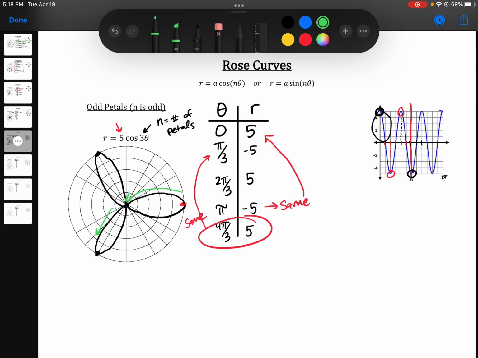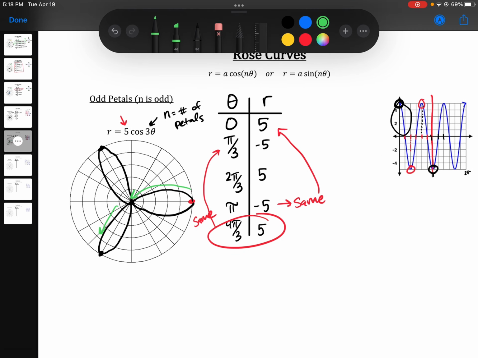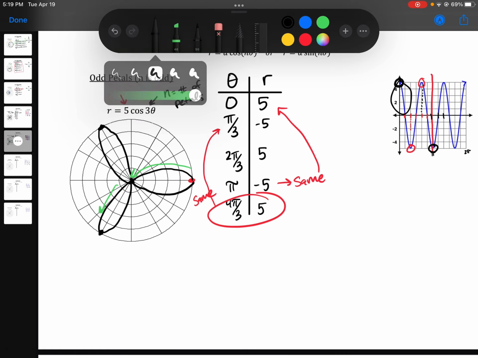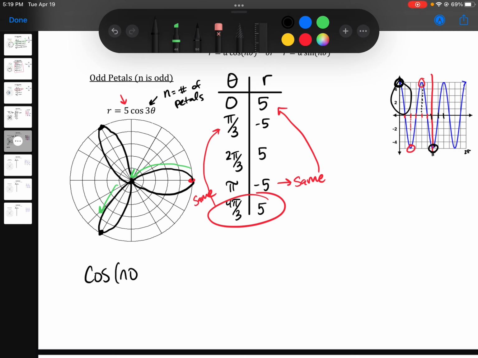So here's what I want to talk about with the start. Something you're always going to notice is that cosine's always going to be the easiest start. Cosine functions always start, so for cosine of n theta, the length of the petal will always start at theta equals 0.